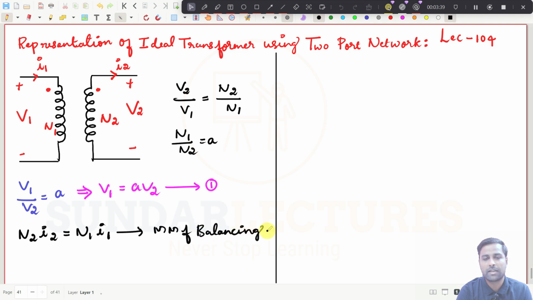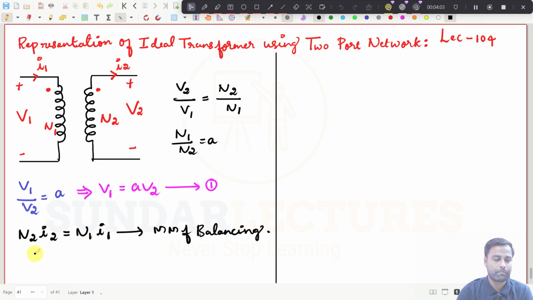So that is why the frequency in the transformer will be equal. We generally call the transformer a constant frequency static machine, right? This is a static machine, and the frequency in the transformer will always be the same in the primary side as well as in the secondary side. That is because of this MMF balancing.